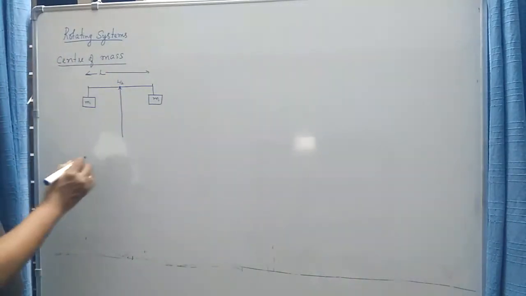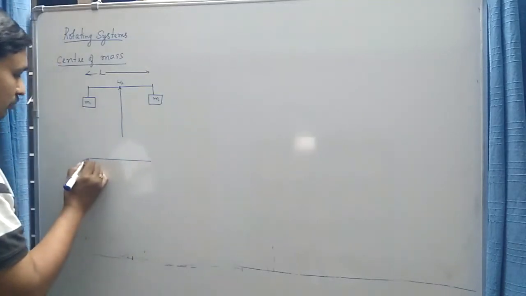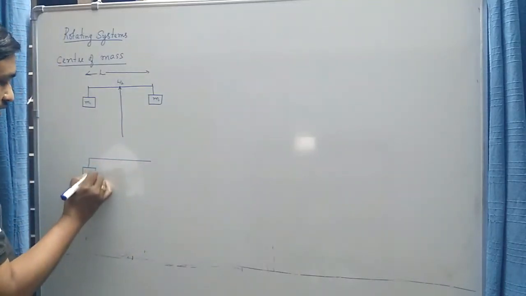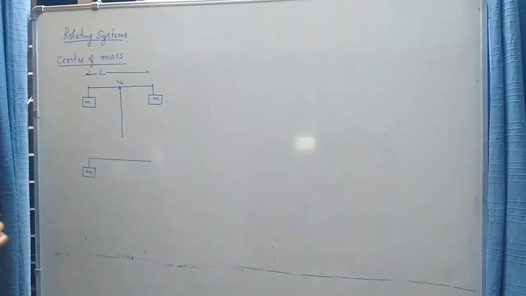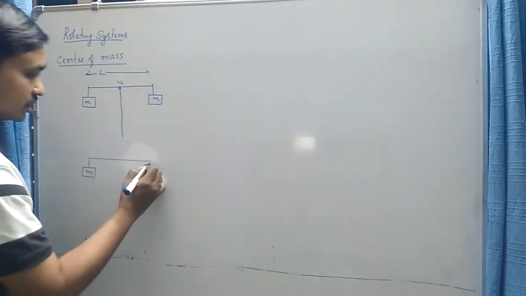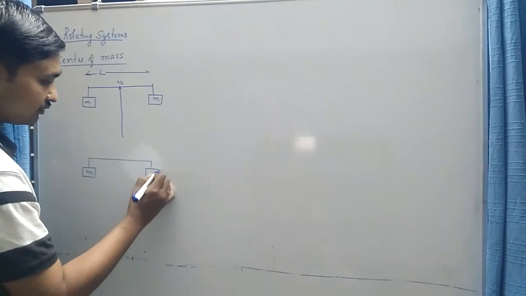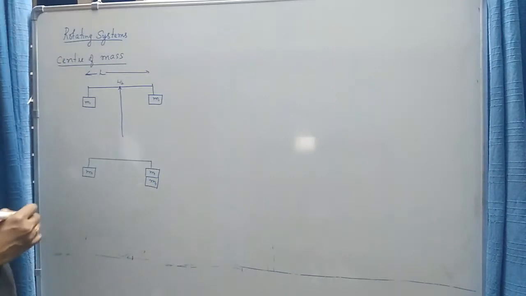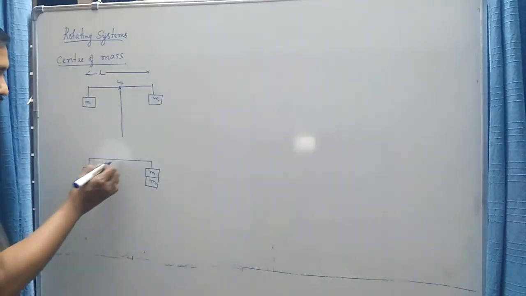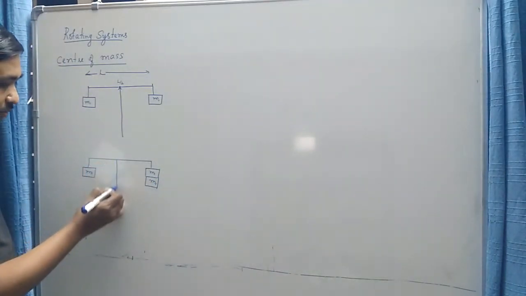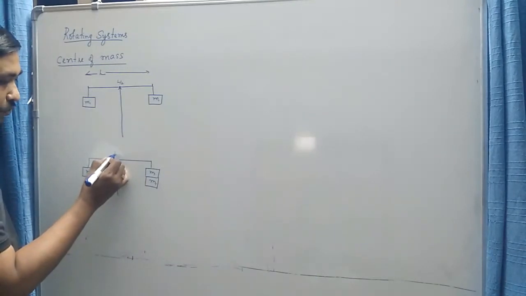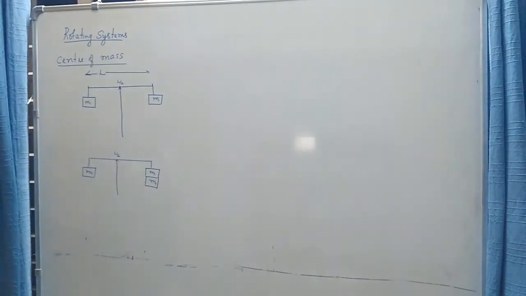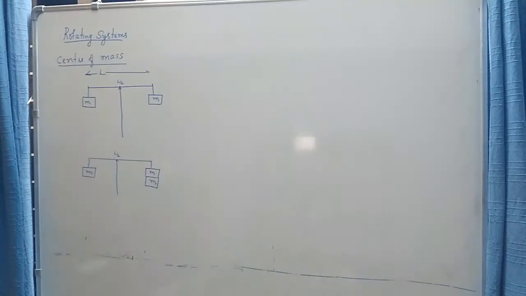Now, with the same horizontal bar, on one end I have kept a weight of m1 kg. On the other end, I have increased the weight. I have doubled it, so it is now 2 times m1 kg. Now if I use the same vertical bar and keep it at the same midpoint, L by 2, assuming that would be the balancing point, you know that this entire system will not be balanced.